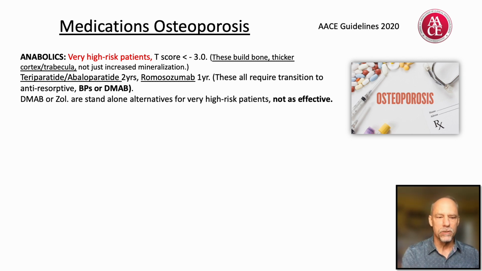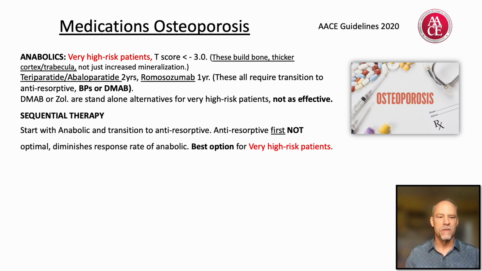Teriparatide and abaloparatide are PTH agonists, and they're typically given daily sub-Q for 2 years. Romosozumab is given monthly for 12 months. These all require transition to a bisphosphonate, oral or IV, or DMAB afterwards. So if you're going to hang on to the benefits of an anabolic, you need to be giving something directly after its discontinuation.